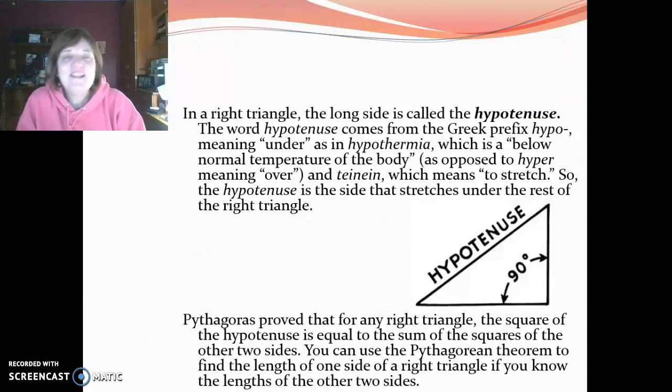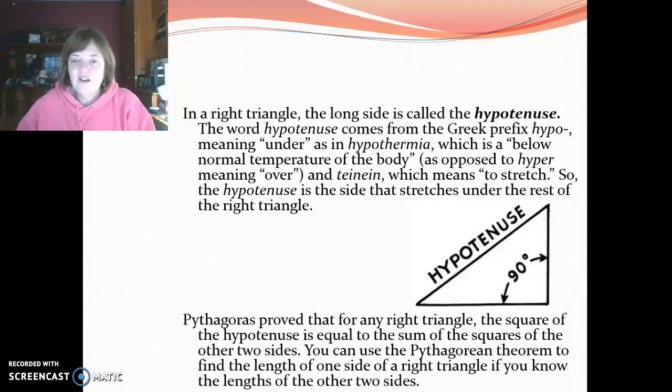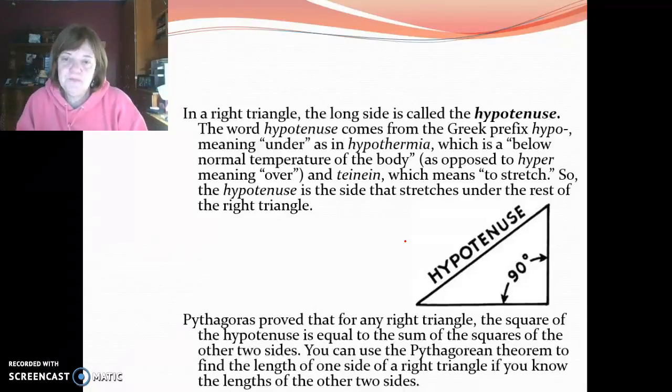So, let me tell you what this means to you. In a right triangle, the long side here, this long side, is called the hypotenuse. Yes, another big word you're going to have to learn. It comes from the Greek prefix hypo, meaning under, as in hypothermia, which is below normal temperature of your body, right? If you get hypothermia, you could die.